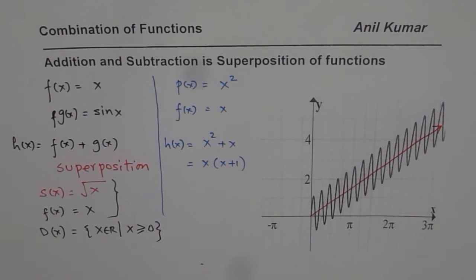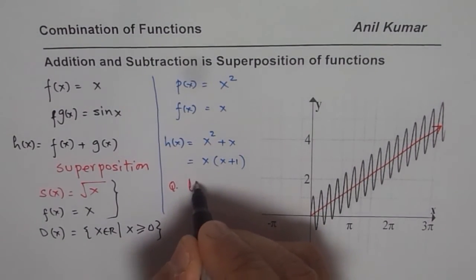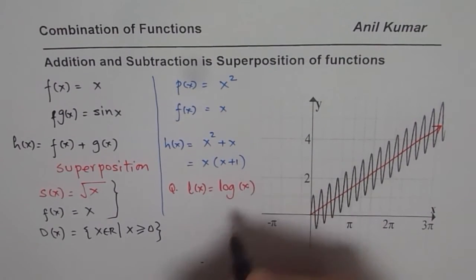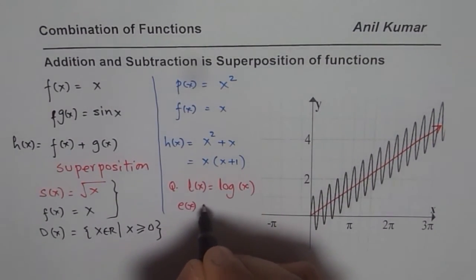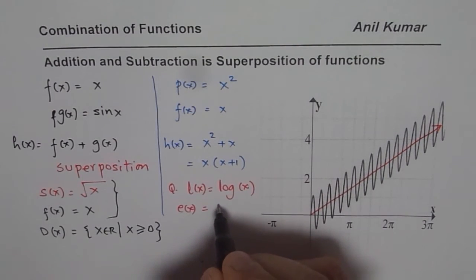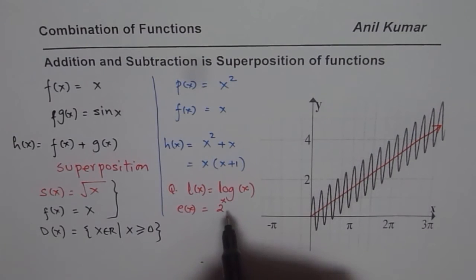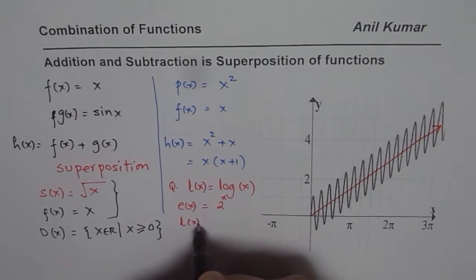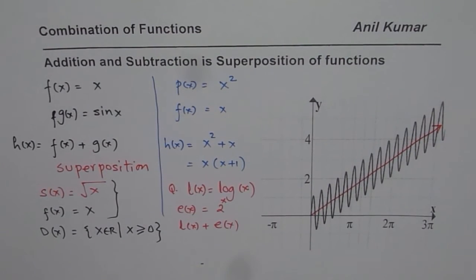Now, keeping that in mind, here is a question for you. The question is, if I have a function, let's say L of x, which is log x, and I have a function, let us say E of x, which is 2 to the power of x. In that case, can you sketch the function L of x plus E of x, combination of these two functions?